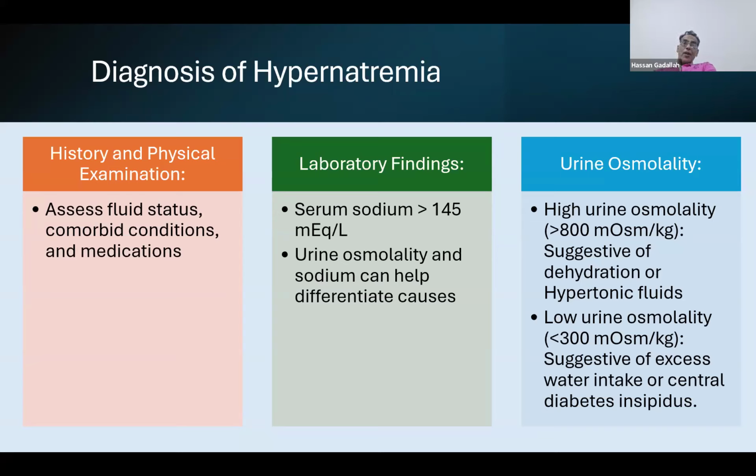And whenever we get serum sodium, we have to get the serum osmolarity as well. Also, we need to measure the urine osmolarity and urine sodium because, as mentioned before, they can help in the differential diagnosis.